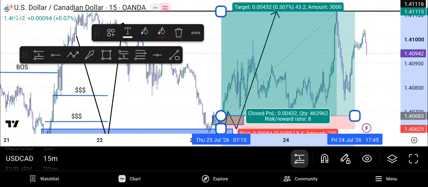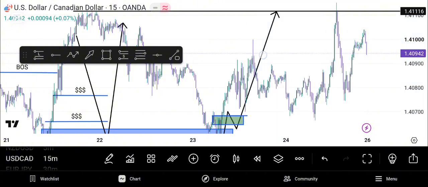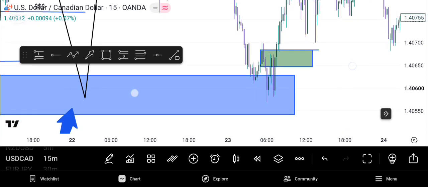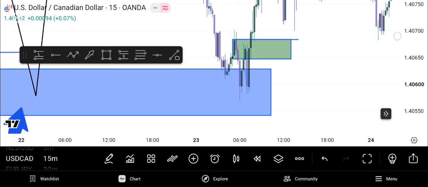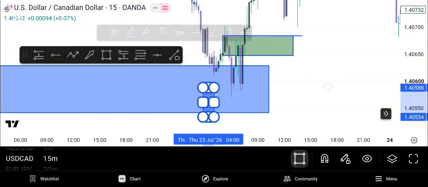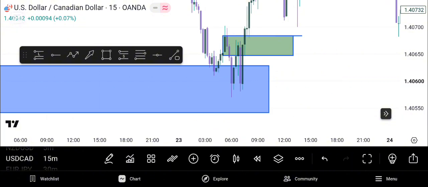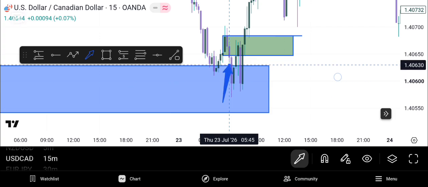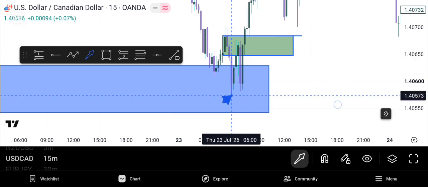Let me clear this for now. I'll put it back. So I use a concept called change in state of delivery. This is a concept I use where the market was coming down. Okay, so you can see this momentum, this sell momentum, 1, 2, 3 candles, 15-minute candles.